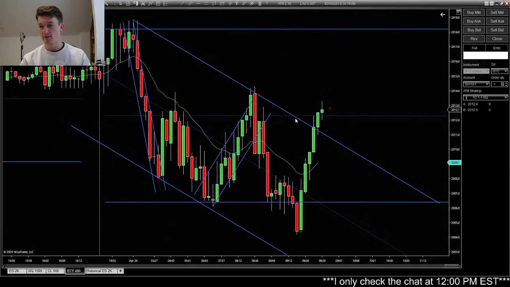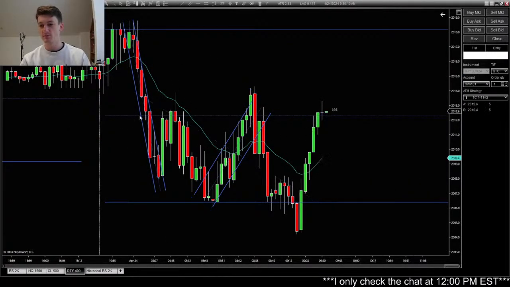On the RTY, I was considering maybe this downtrend, but now prices are moving up so strongly. This one looks like it's played out to the downside. Now we're moving up, so definitely just looking for longs, looking at this kind of as a range.